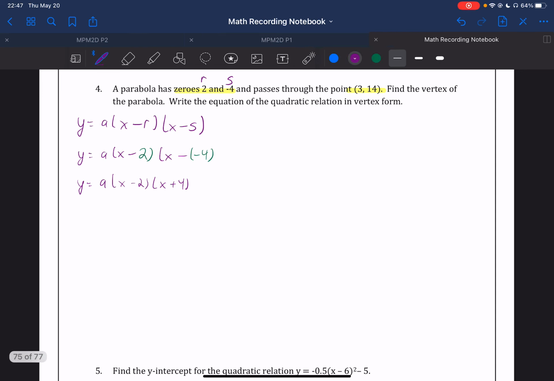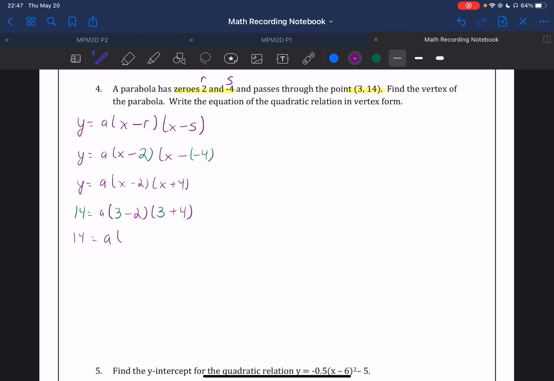So we get 14 equals a bracket 3 minus 2 bracket 3 plus 4.